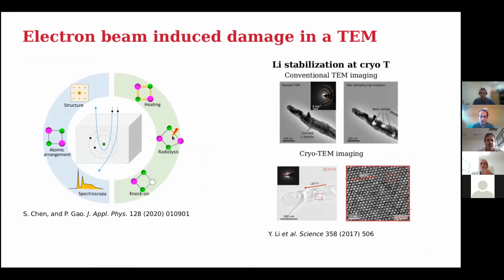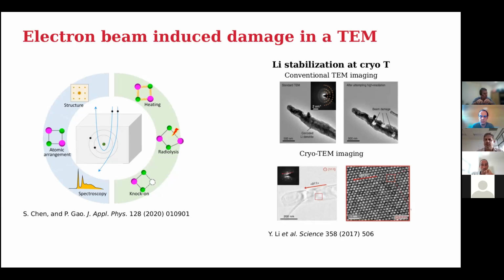We have the radiolysis effect, which breaks the bonding between the atoms, and we have the knock-on damage, where the high-energy electrons just knock an electron out of the structure. The knock-on damage is not influenced by the temperature, but the radiolysis damage is.